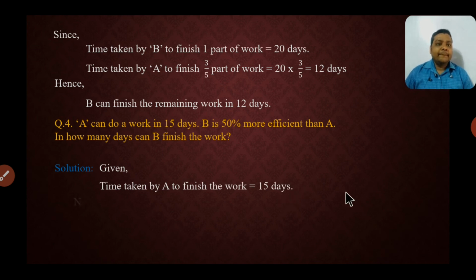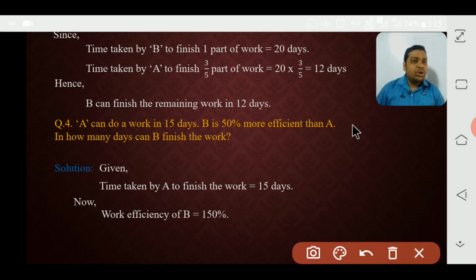Now we can say that work efficiency of B is what? 150%. Why 150%? B is 50% more efficient than A. It means if A is 100%, then 100% plus 50% more. So work efficiency of B will be 150% in terms of A.